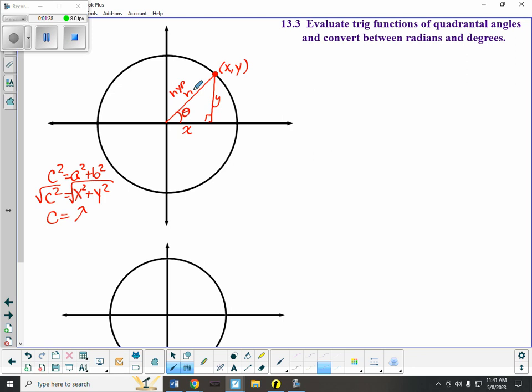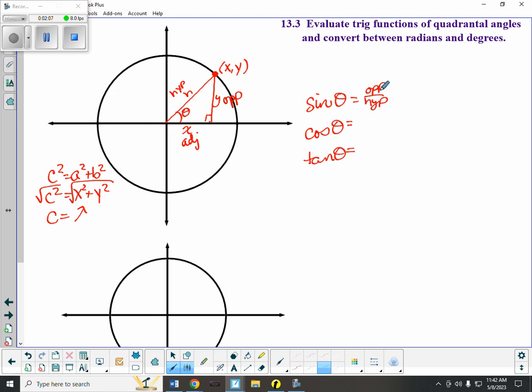Then to evaluate the trig functions, we'll write down the sine of theta, cosine of theta, and the tangent of theta. We're only going to worry about those three for this lesson. Remember SOHCAHTOA: sine is opposite over hypotenuse. In this case, the opposite side of theta is y, and the adjacent is x.